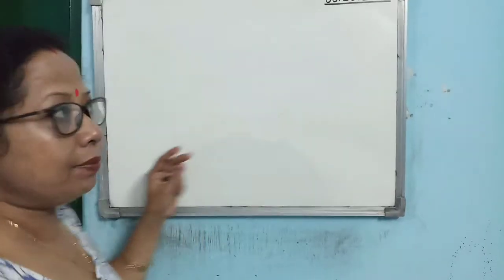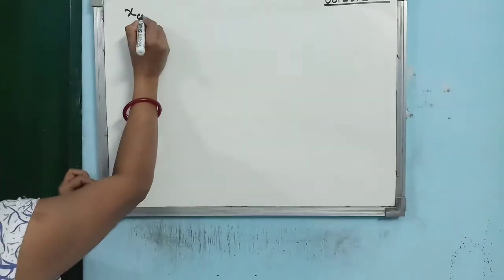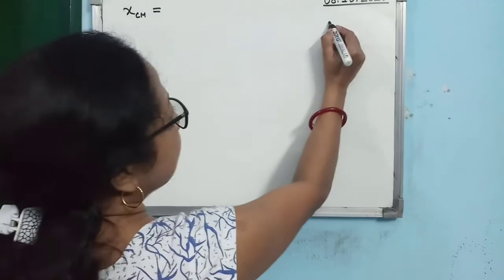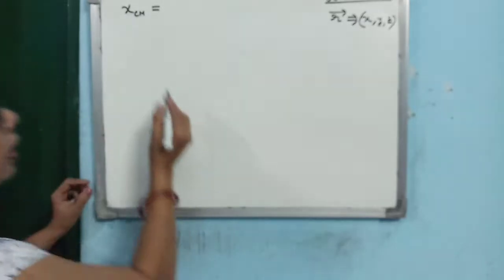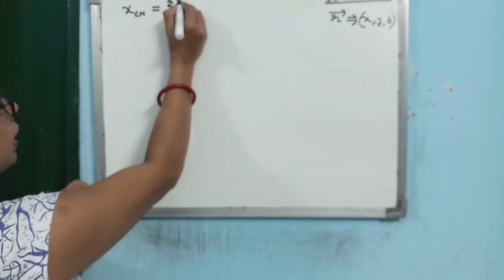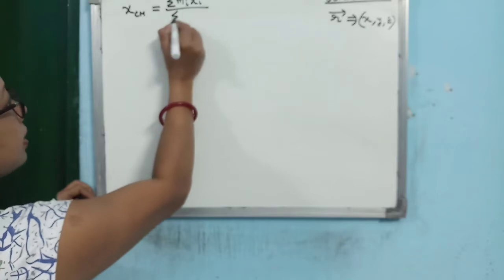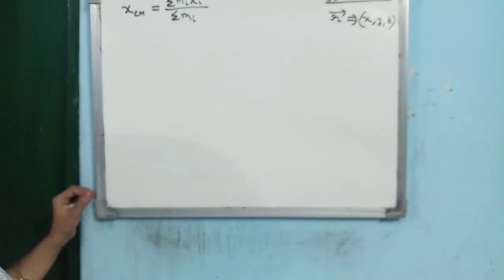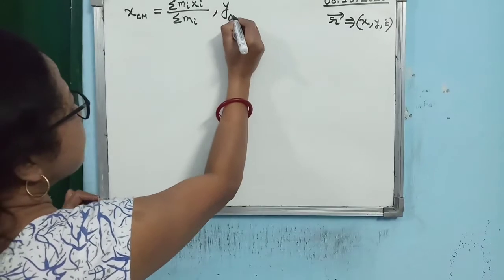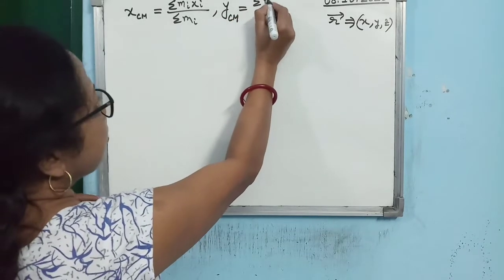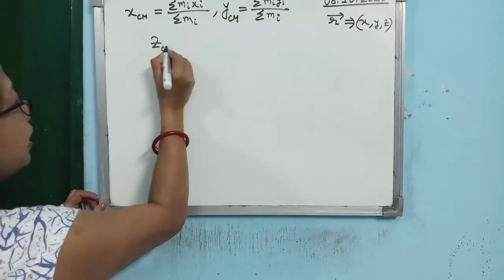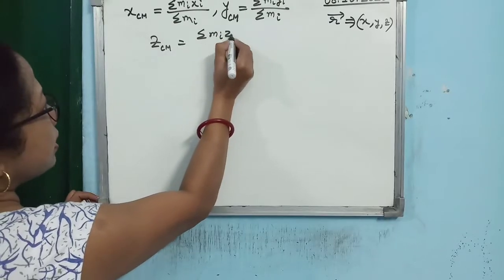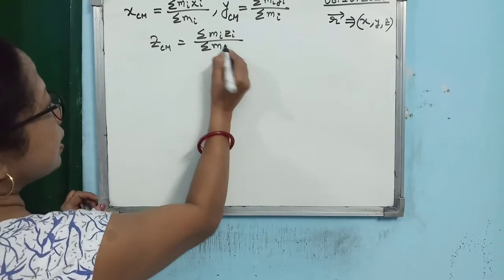Now if the position vector is in a three-dimensional system, you can write XCM. You know that if the position vector is three-dimensional, then it should have x, y, z coordinates. So in that case, XCM will be sigma mi xi by sigma mi, with i equal to 1 to n. And YCM will be sigma mi yi by sigma mi, and ZCM will be sigma mi zi divided by sigma mi.